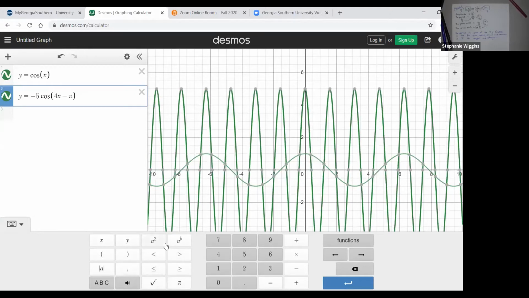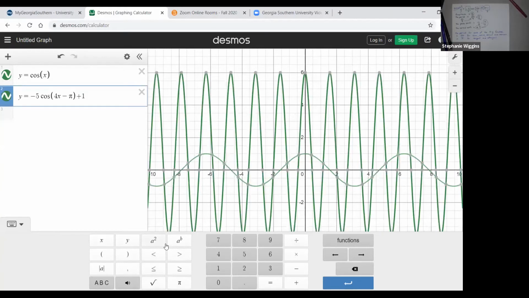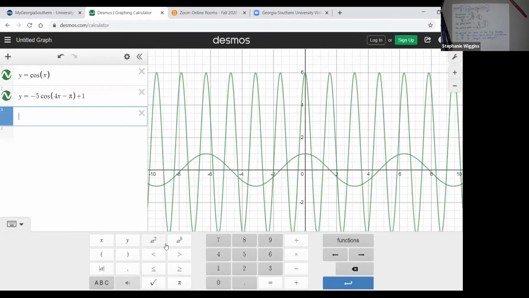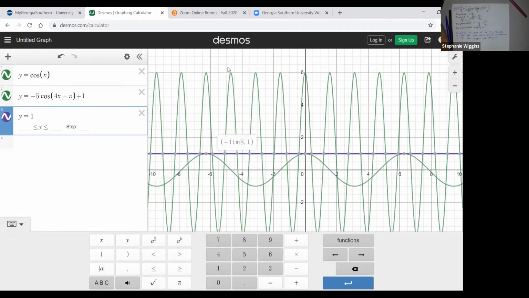And is it plus 1? Yeah, plus 1. There we go. So everything was shifted up 1. So if I graph y equals 1, that purple line is kind of the midpoint between the top and bottom of your function.